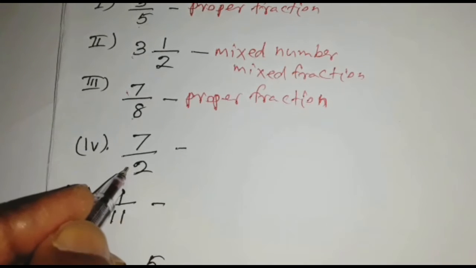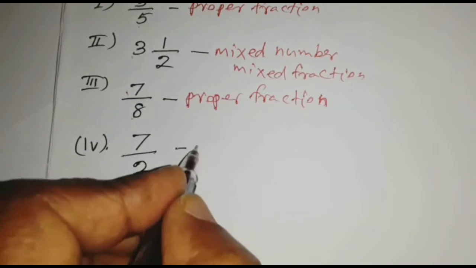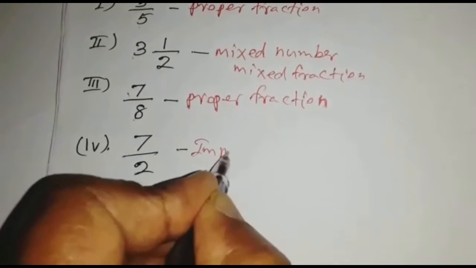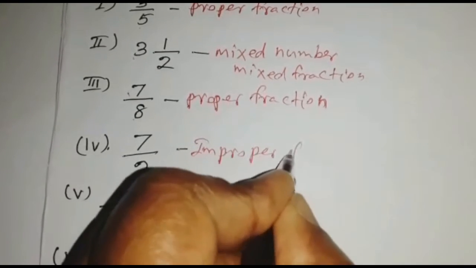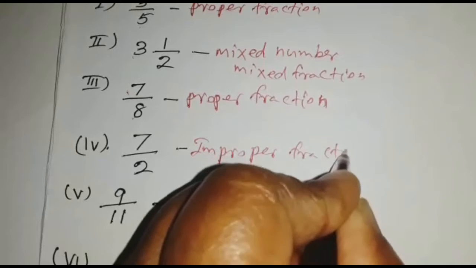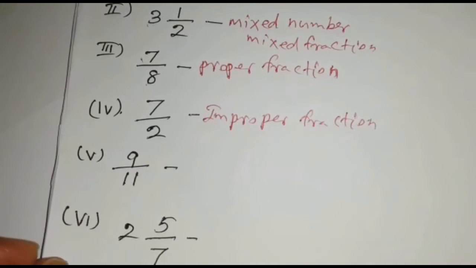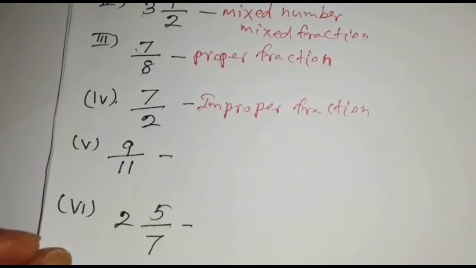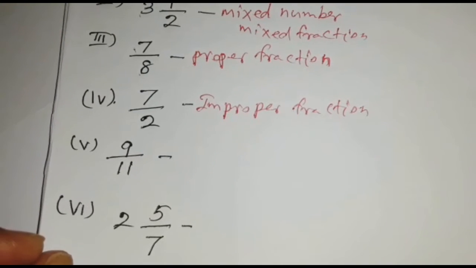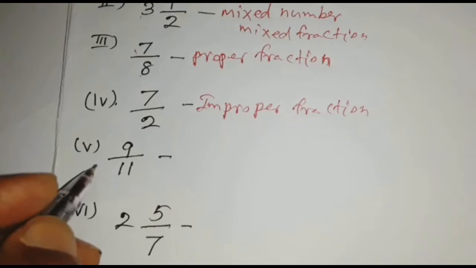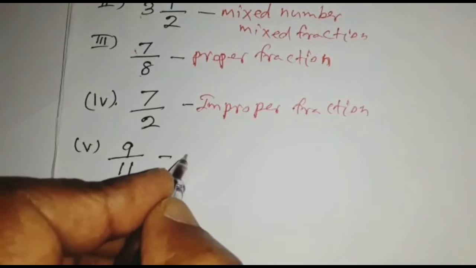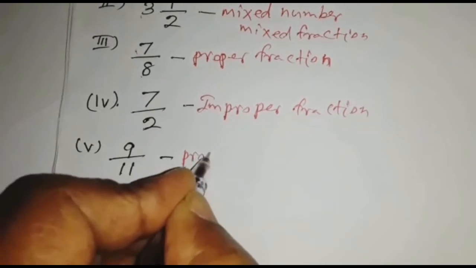The numerator is large. So this fraction is an improper fraction. Fifth one, 9/11. The numerator is small. So this fraction is a proper fraction.